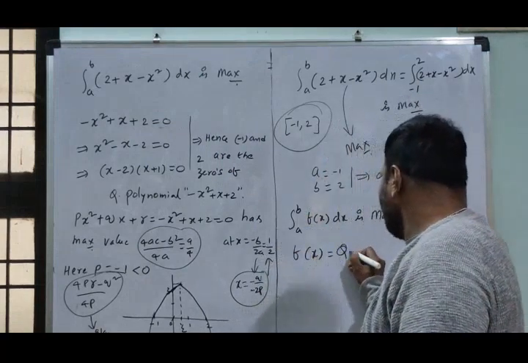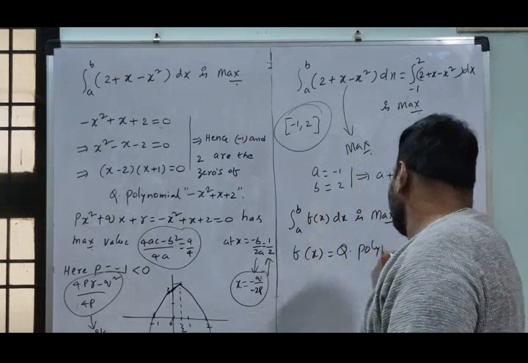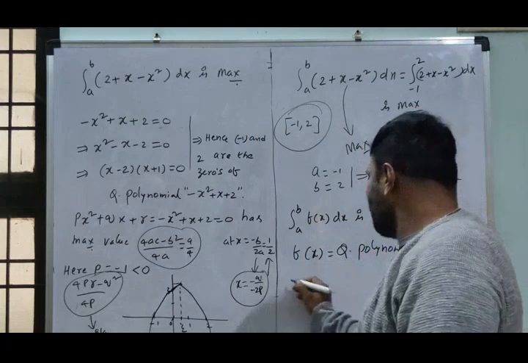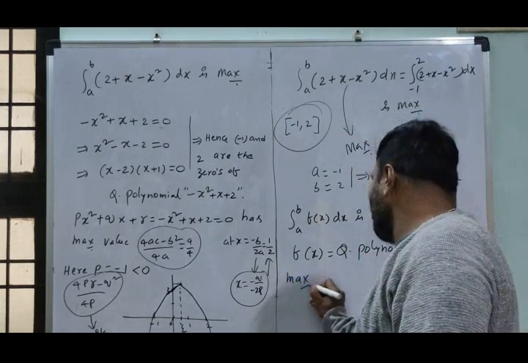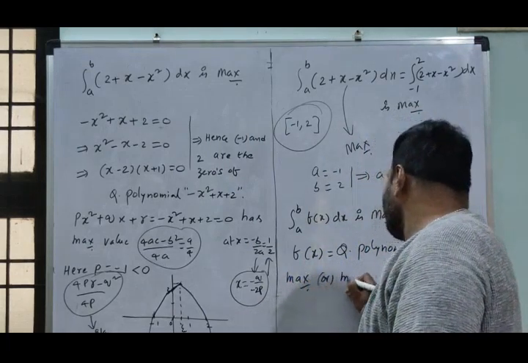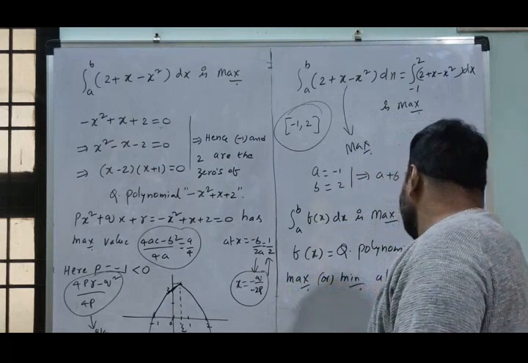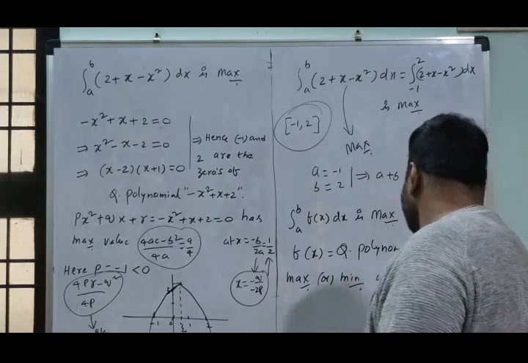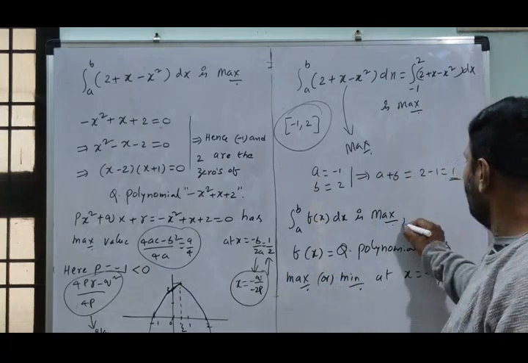A quadratic polynomial has maximum or minimum at x equal to minus b by 2a.